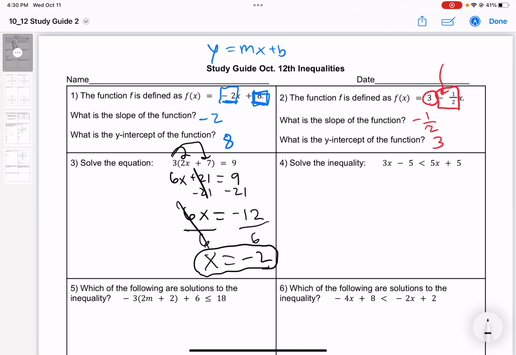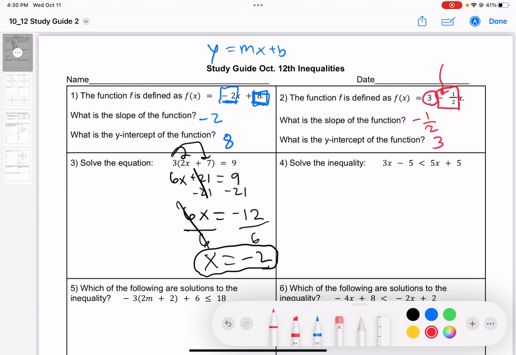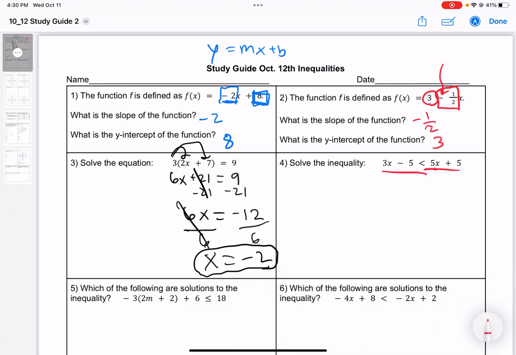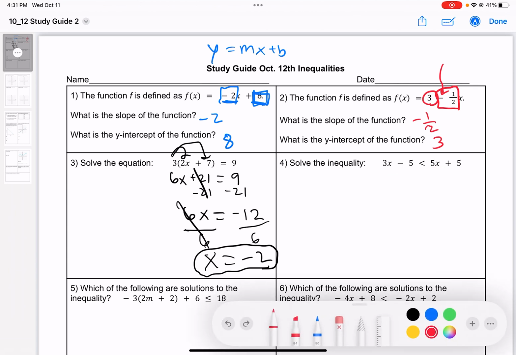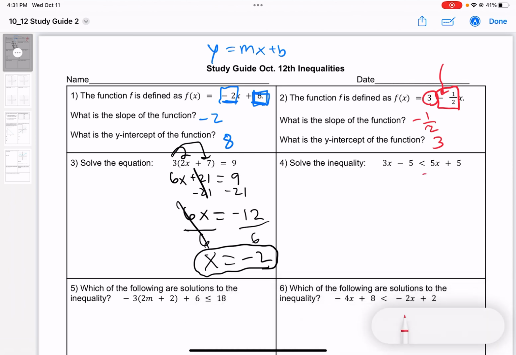All right, next one, solve the inequality. So this time we have an inequality, so I need to solve for x. Both sides are already simplified, so what I really need to do here is get it so there's only variables on one side. I'm going to subtract away this 5x right here. These will cancel, and then I get negative 2x minus 5 is less than, these canceled, so the only thing left over here is 5.